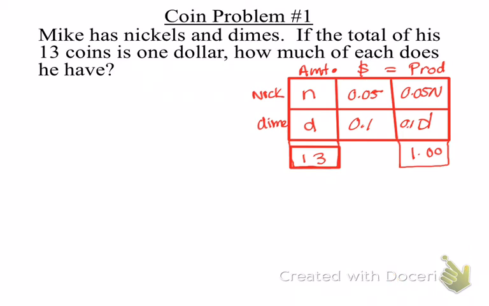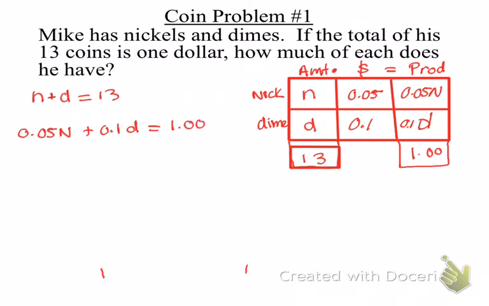Now, what are my two equations? Nicholas? N plus D equals 13, and 0.05N plus 0.1D equals 1. Okay, so what do you want to do?